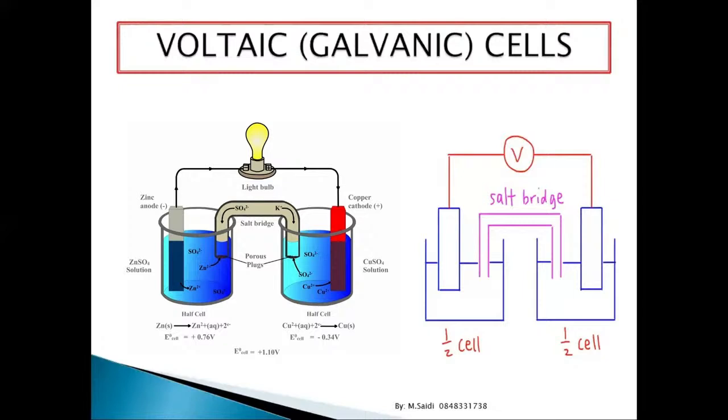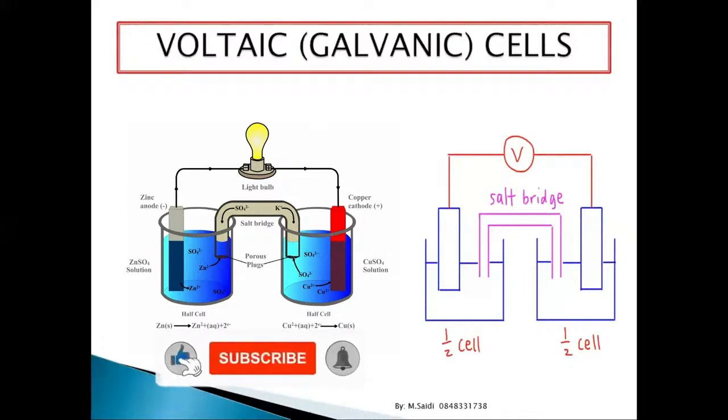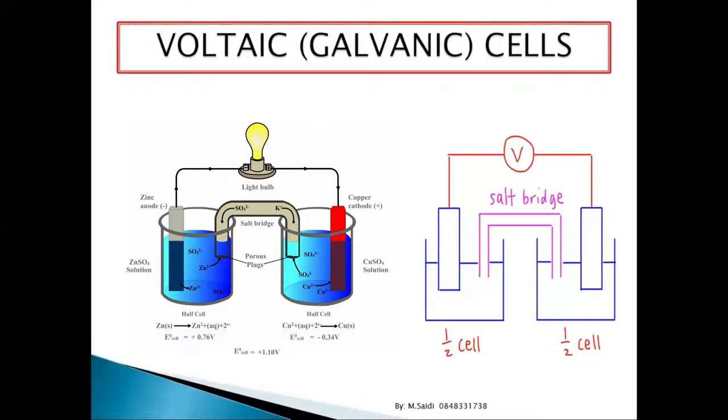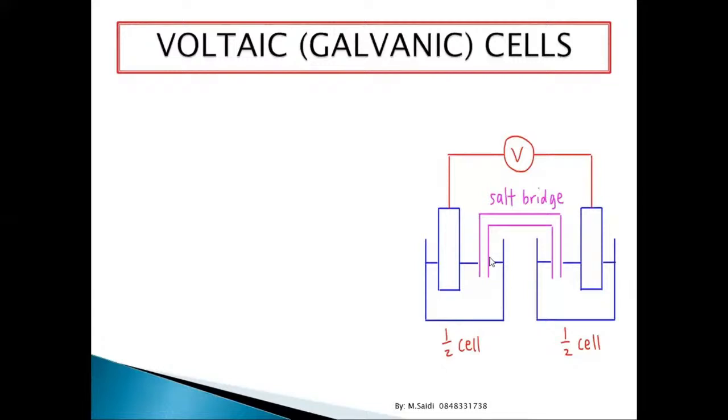Then the voltaic cell or the galvanic cell is the reverse of the electrolytic cell. A galvanic cell changes chemical energy into electrical energy. It means that it produces electricity. All right, let's start.